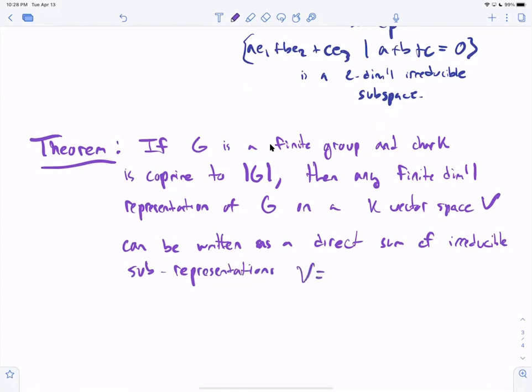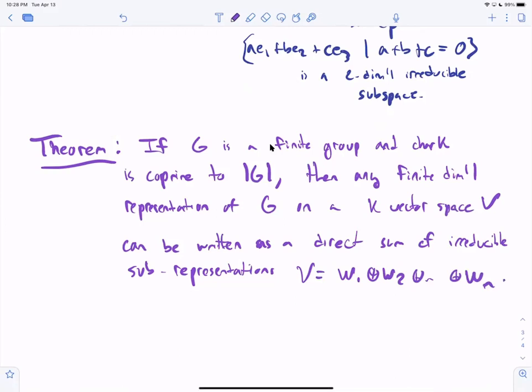So D is equal to a direct sum. Just break up like this.